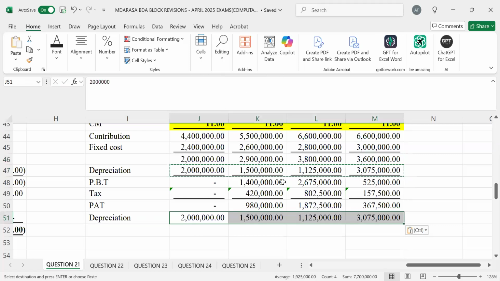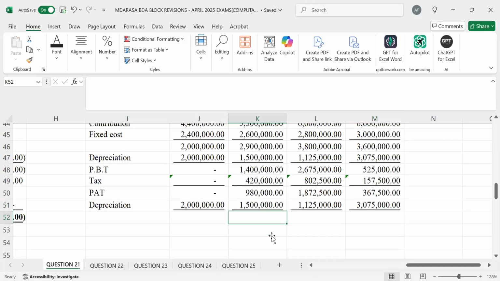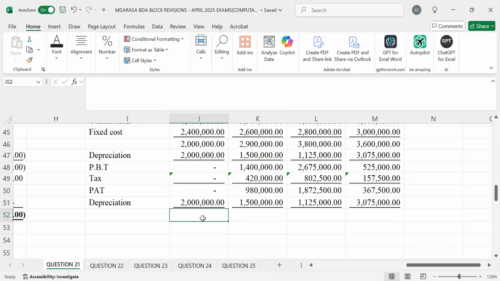So you come and add it at this point. See, you add the component of tax, so that at the end of the day you'll have this point, plus our depreciation component, where we will be adding it on this end.